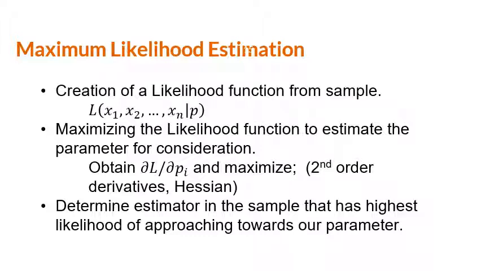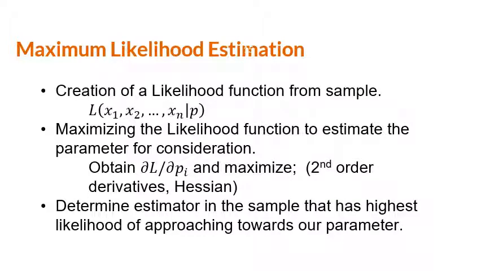In our maximization, we obtain the first derivative, or the partial derivative, of the likelihood function with respect to the quantity that we are trying to maximize, p sub i. And in the maximization process, when the partial derivative equals 0, it is a critical number.